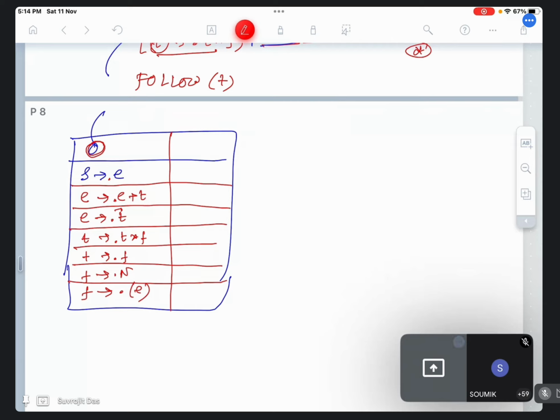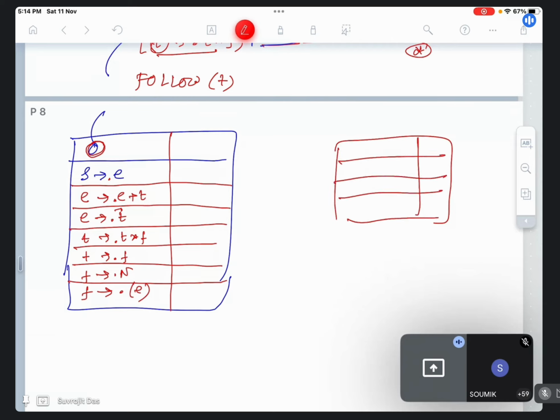For the LR1 state transition machine, you just list out the lookaheads that you have collected in state number 0. So for each state, list out the lookaheads for each non-terminal symbol. Here you have the right hand marker. Here you have plus and then the right hand marker. For E, you have plus and the right hand marker. For T in state number 0, you have star, plus, and the right hand marker.